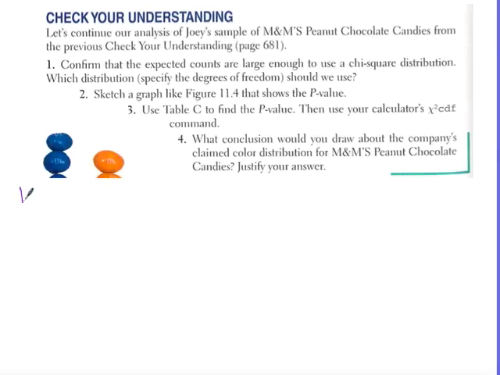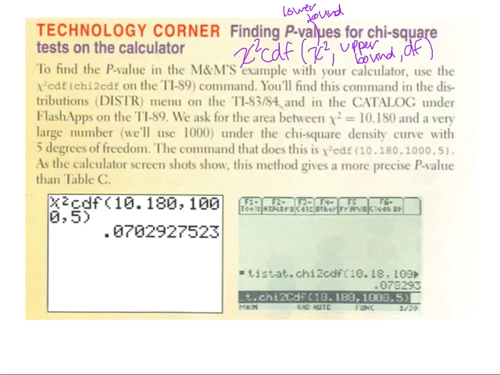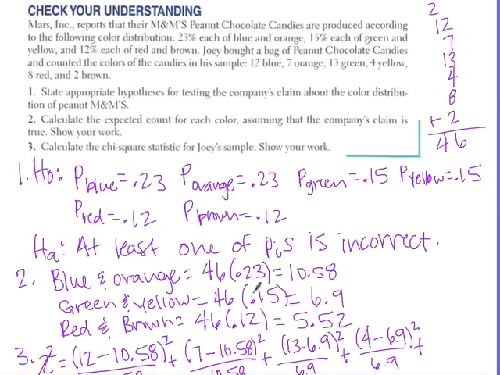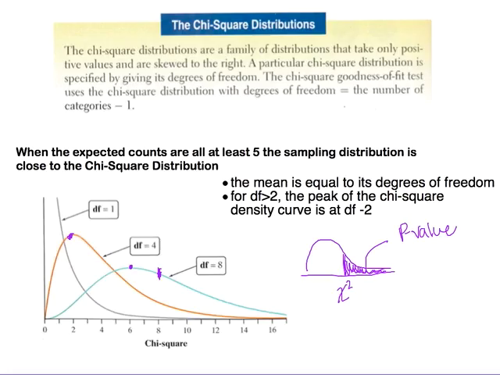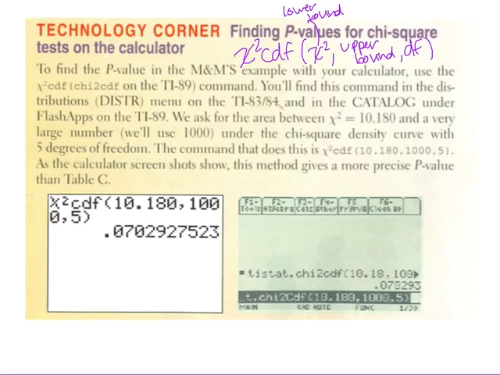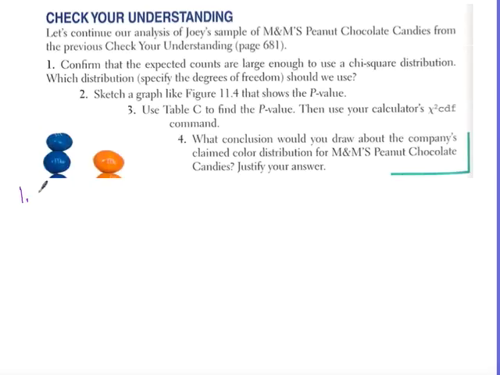For number 1, if we go back to where we worked out our expected values, we should see that all of our expected values are at least 5, and if they are, then we're good to use a chi-squared distribution. So we would say all expected counts are at least 5.